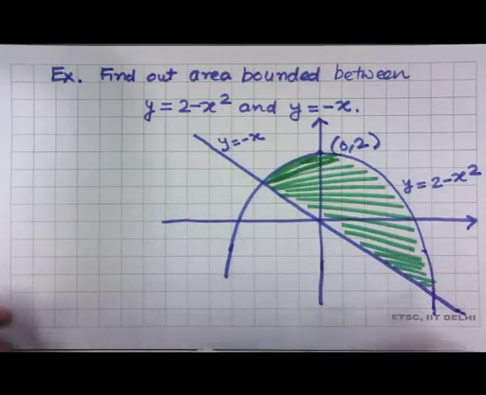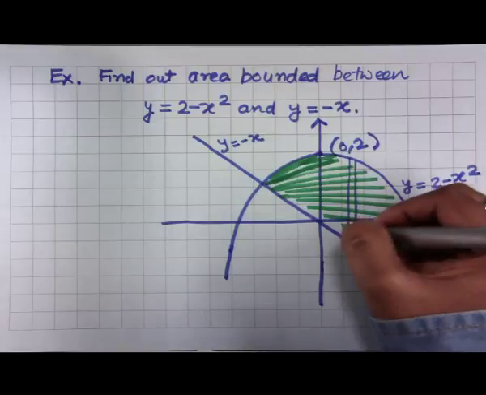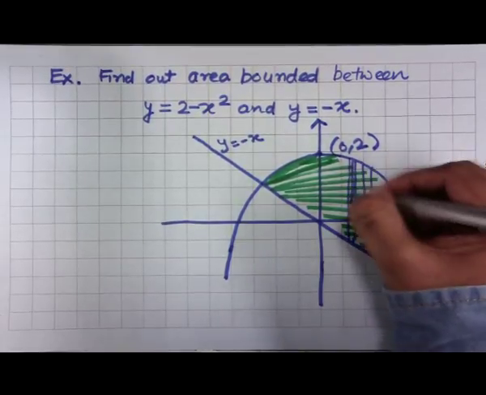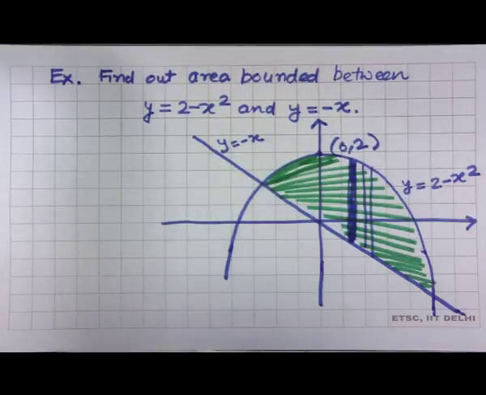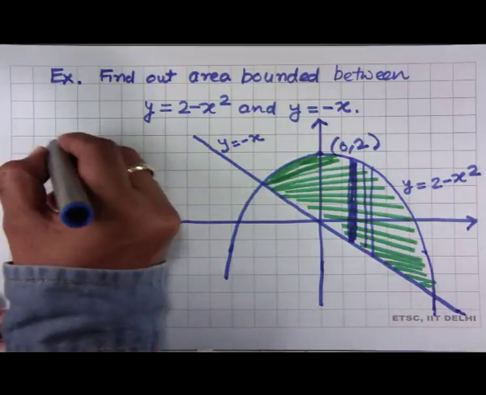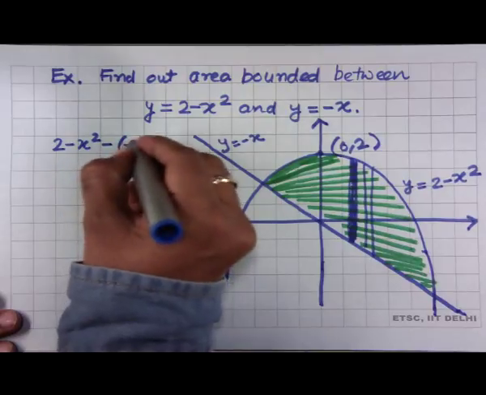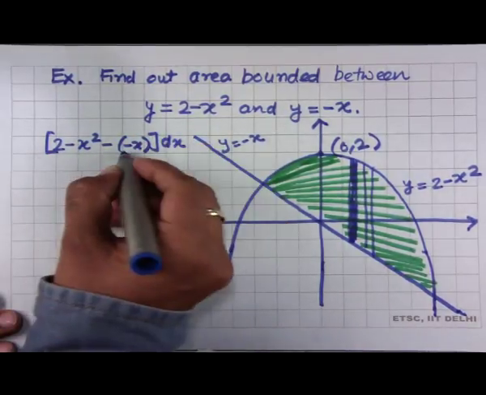Again, by a process similar to the previous cases, divide this area into thin vertical strips or rectangles, known as the elementary area. So, this elementary area will be 2 minus x square minus of minus x into dx, f(x) minus g(x) into dx.